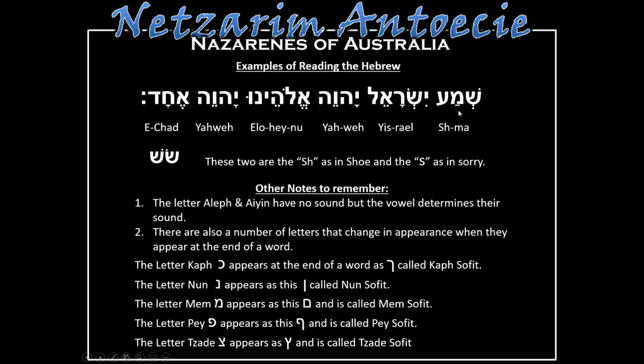So we go Shema. So when we have a letter with the two vertical dots, it can be like an E sound following the letter. So it's Shema, Yisrael. As you can see, I've got it underneath here, so you can easily look at it and say Yisrael.